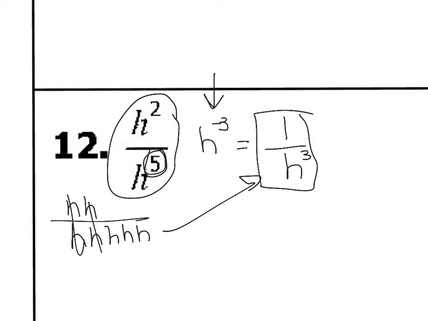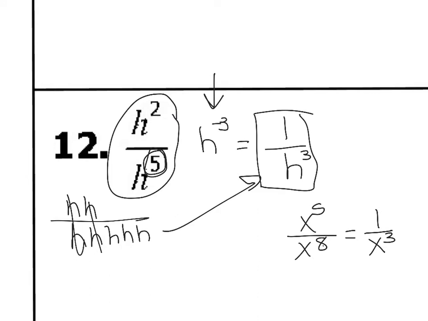Let's say I have x to the 5th over x to the 8th. 8 minus 5 is 3. The bigger exponent was on the bottom, so it's going to be x cubed on the bottom.